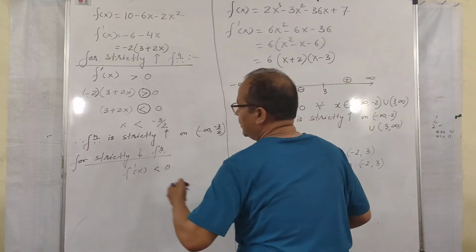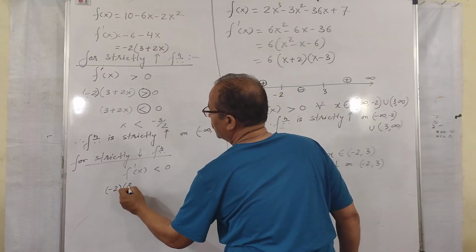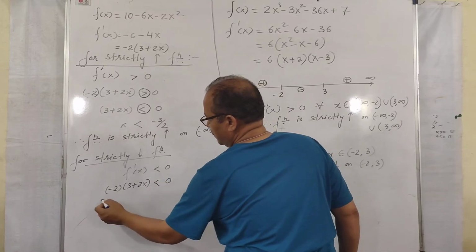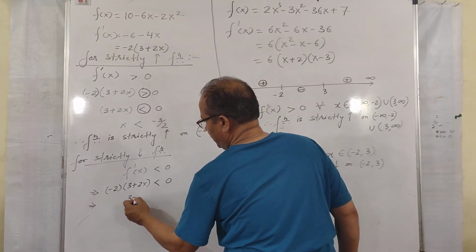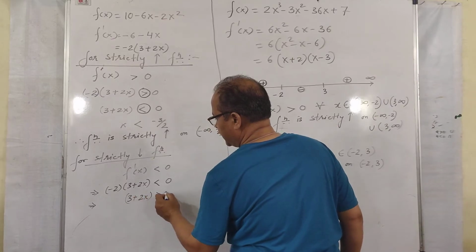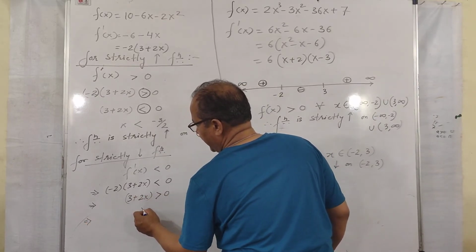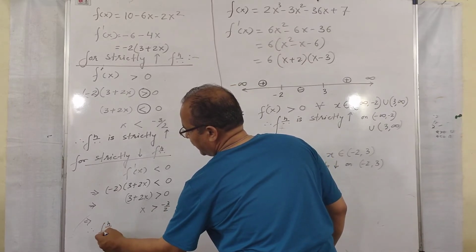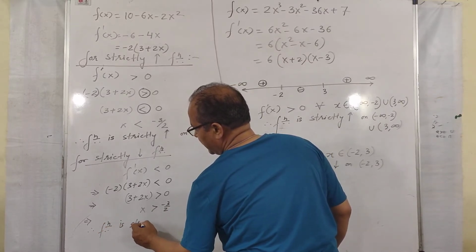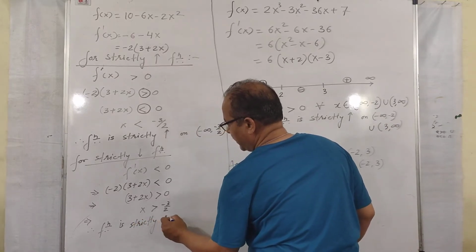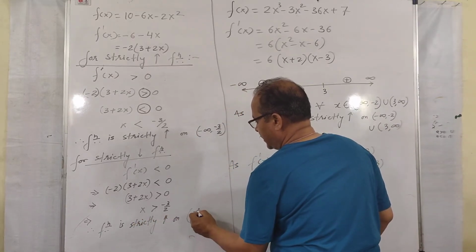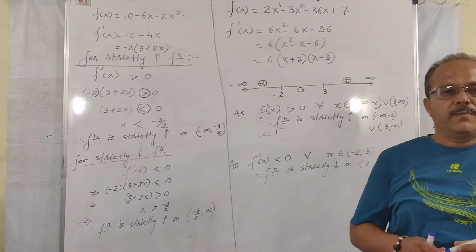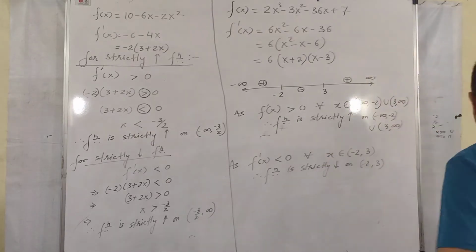F dash x will be less than 0, minus 2, 3 plus 2x will be less than 0. This implies that 3 plus 2x must be greater than 0, and this implies that x is greater than minus 3 by 2. So function is strictly decreasing on minus 3 by 2 to infinity.